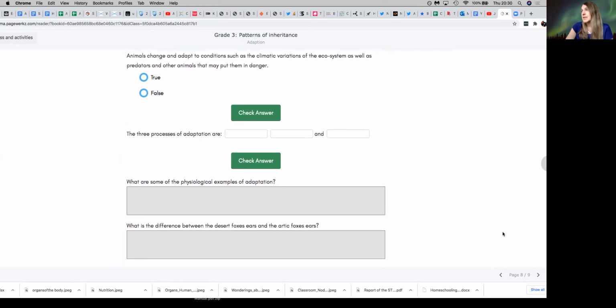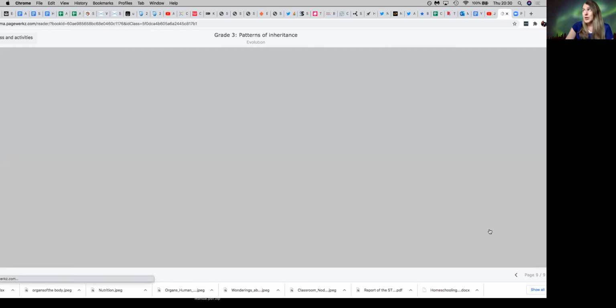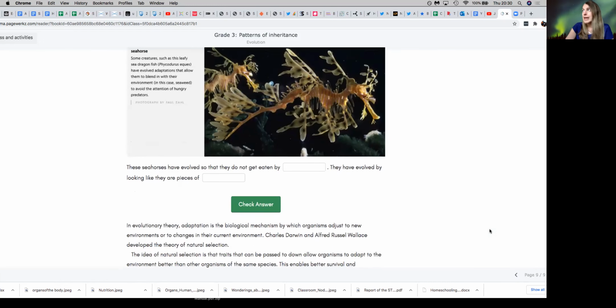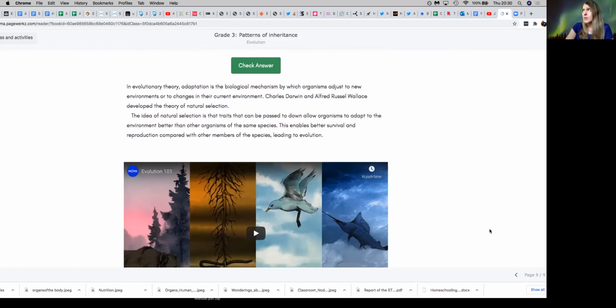We obviously wanted to bring in the whole idea of the difference between, say, desert foxes and Arctic foxes, because that also relates to the ways in which climate change has happened. We did bring in third-party resources to show a little bit more about Charles Darwin, which is obviously a very important aspect of the British curriculum.